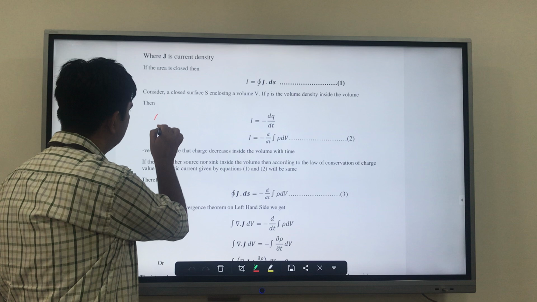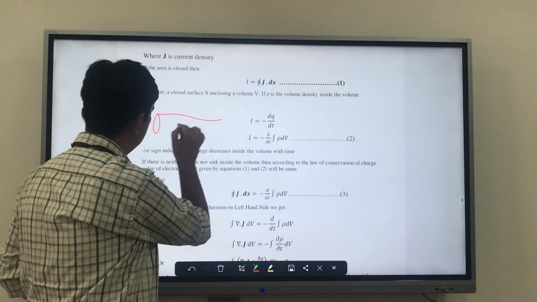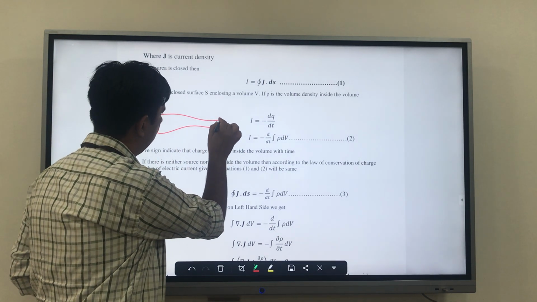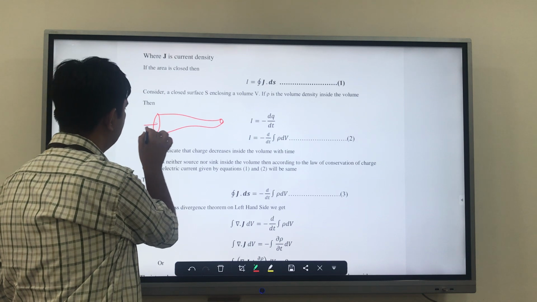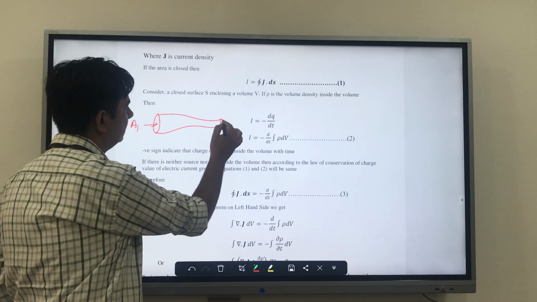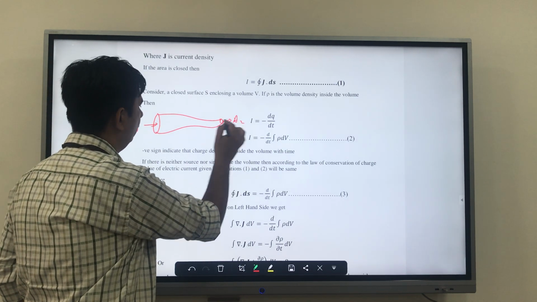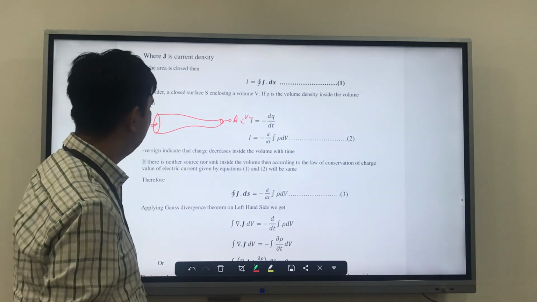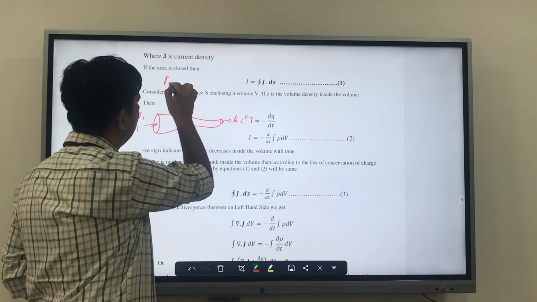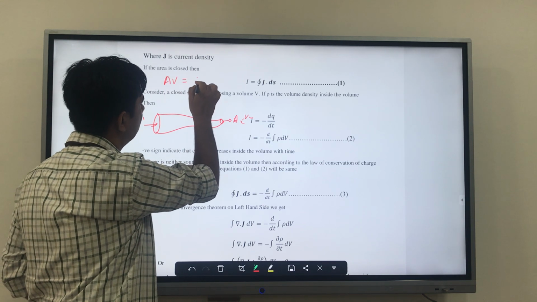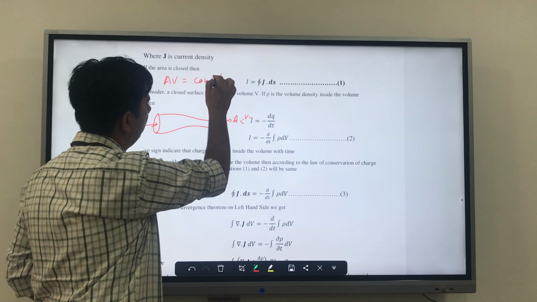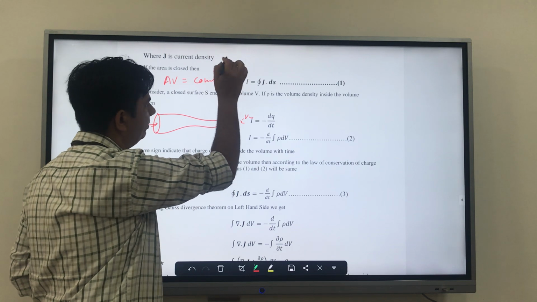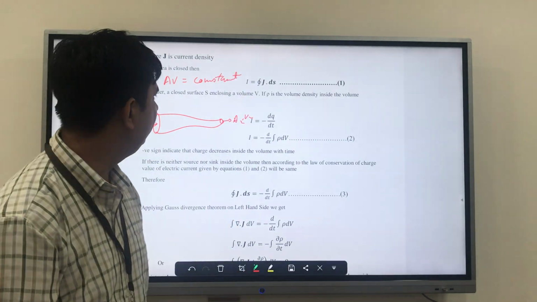We can recall it: there is a pipe with a cross-sectional area A1 here and a cross-sectional area A2 here, with velocity V1 and velocity V2. And we say that A V is a constant. You might recall it from previous knowledge.